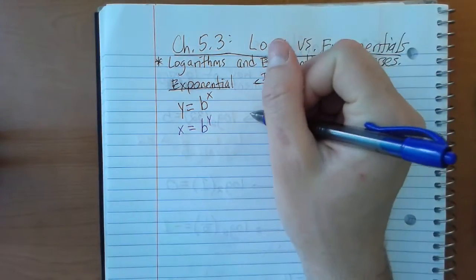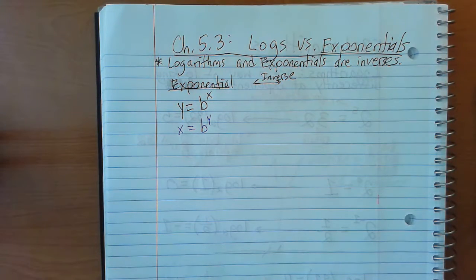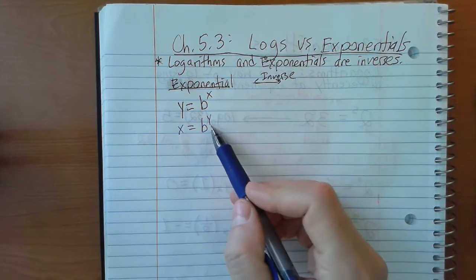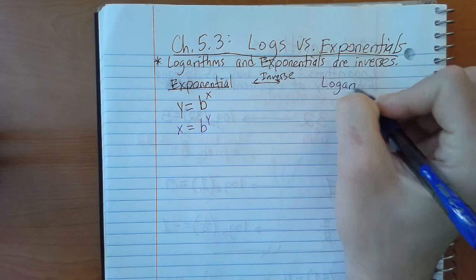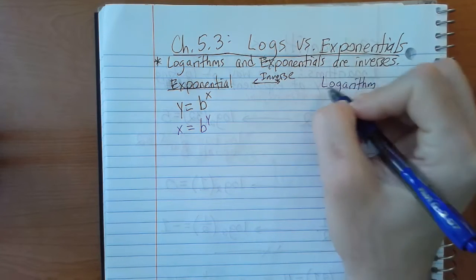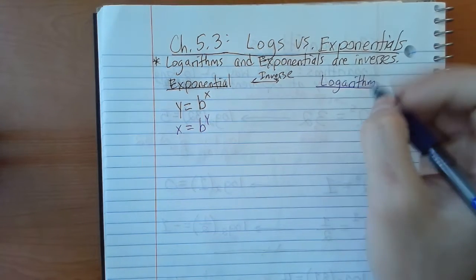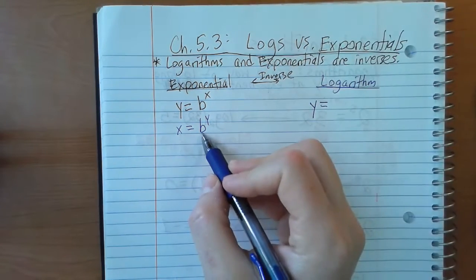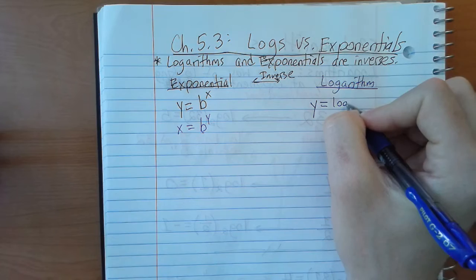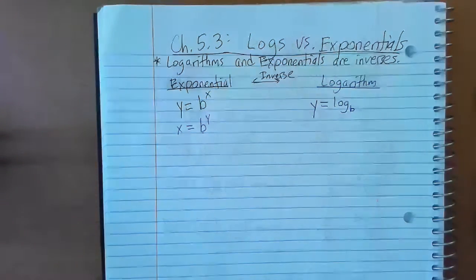And then if I wanted to get y by itself, it's important to remember that the answer to a logarithm is always going to be the power or the exponent part. So this y is going to be the answer part to the logarithm side over here. So I know that y is going to be my answer. The base b is going to be on the bottom there, base b.